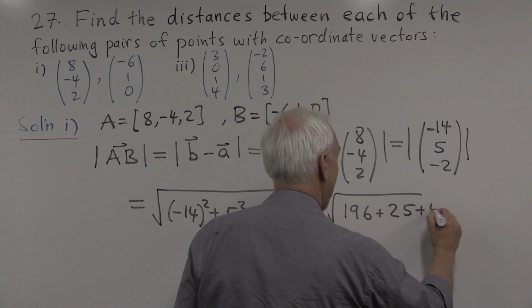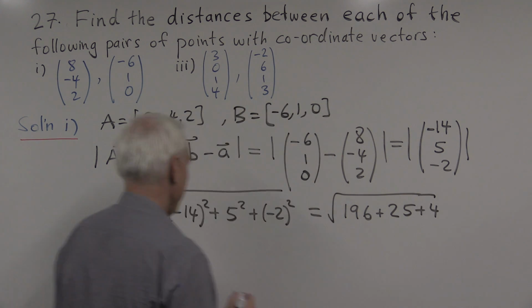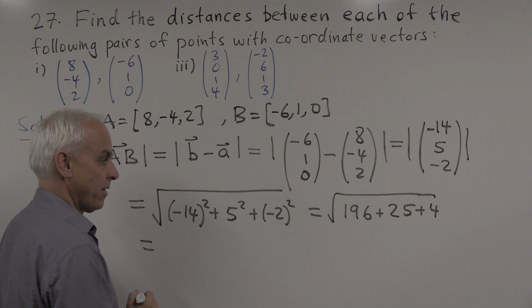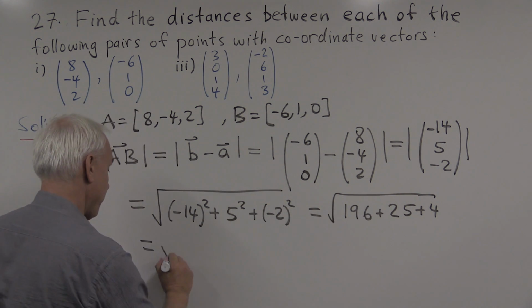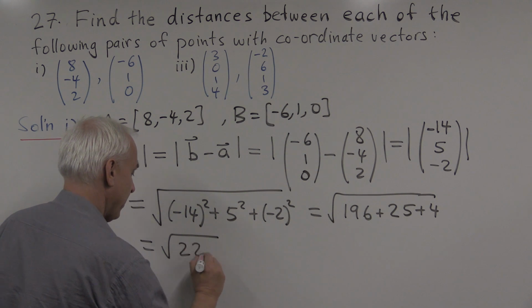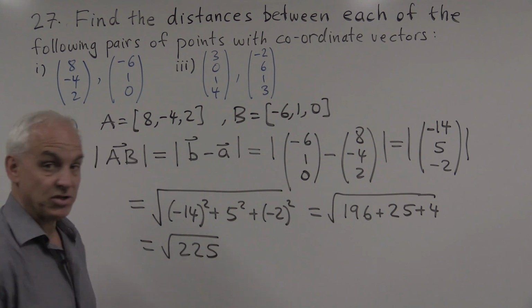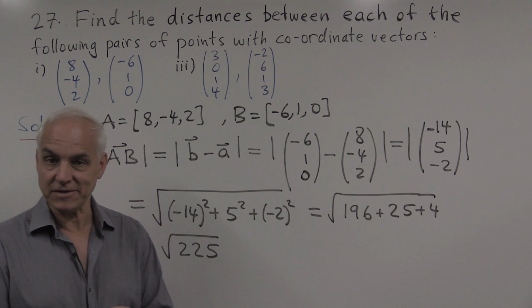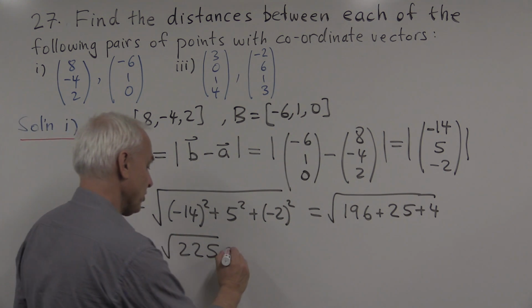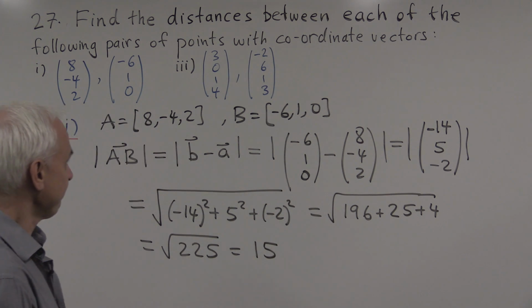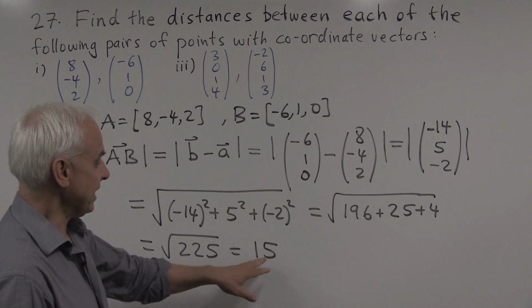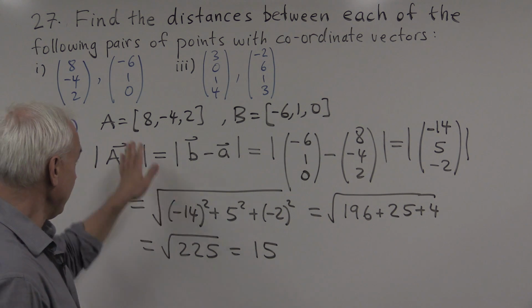Minus 2 squared is 4. So we get all together 196 plus 25 plus 4 is 225, which happens to be a perfect square. That's 15 squared. So when we take the square root, we get just 15. And so 15 is the distance between these 2 points.